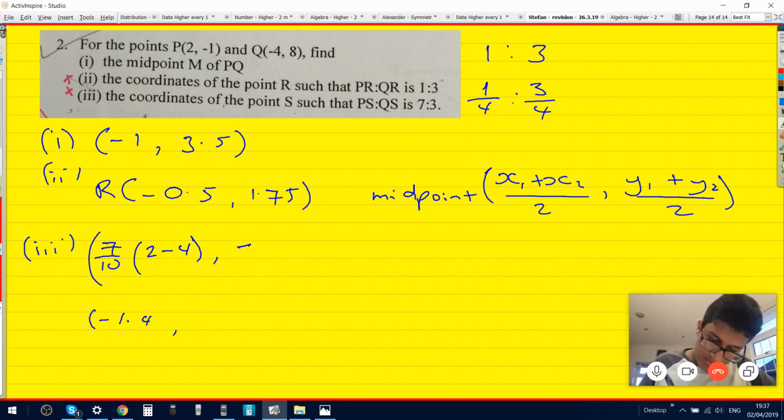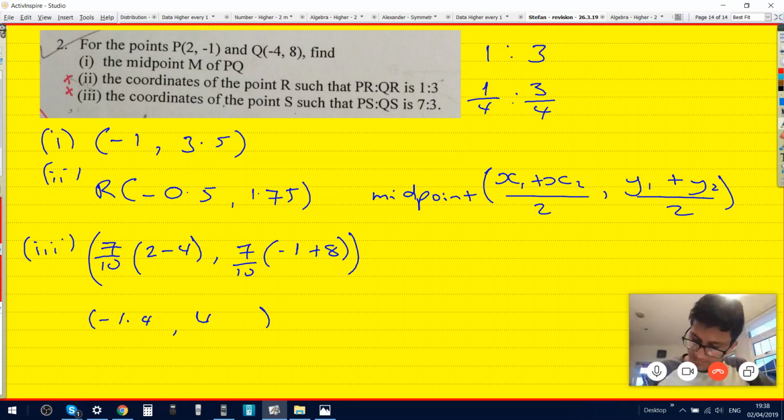Then we've got 1 plus 8 divided by 10 times 7, which is 4.9. So that's 7/10, and so it's just add the 2 and 7/10 to that. Any questions there? No. Okay.